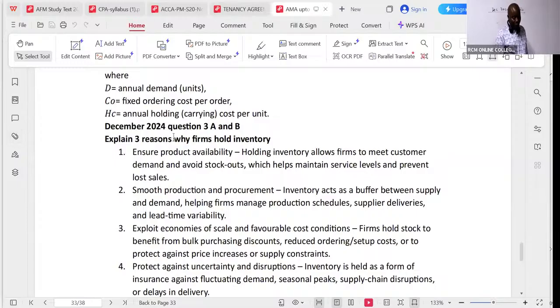Part A of this question asked us to explain 3 reasons why farms hold inventory.